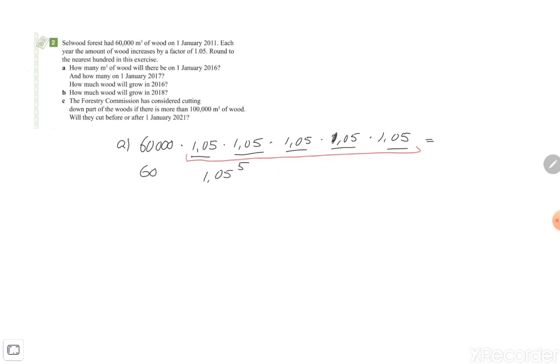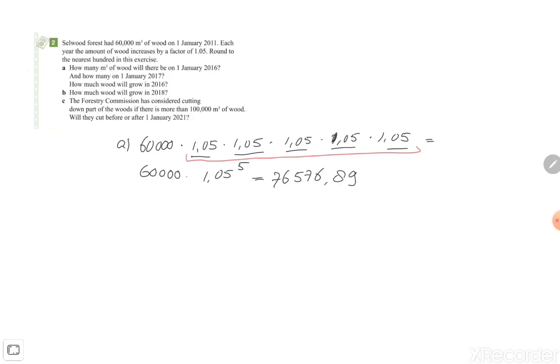So 60,000 times 1.05 to the power of 5. Now the answer is 76,576.89, rounded to two decimal places.